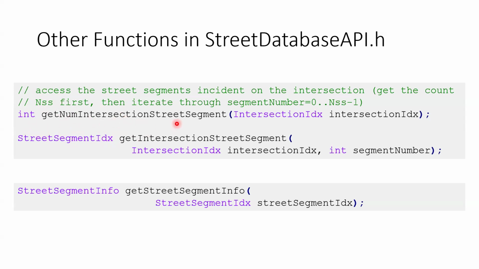Then for each of the connected street segments, we access each of them using getIntersectionStreetSegment with the intersection ID and the segment number that goes from 0 to number of segments minus 1. And this returns the street segment index of the street segment. We can then do anything else with the street segment info by getting the street segment info using the street segment index.